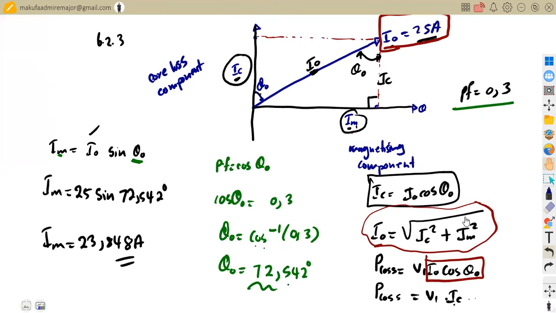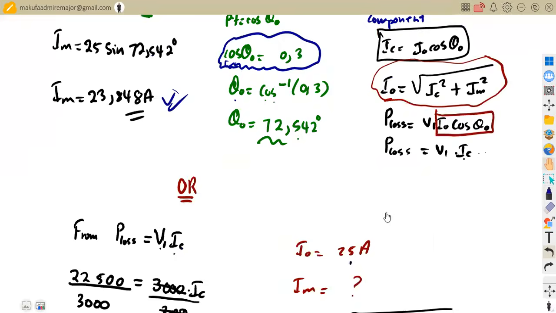This theta we take from the power factor, because we understand that cos theta is equal to 0.3. You find theta with arc cos on your calculator, that is shift cos. You find the angle, then you can simply calculate your magnetizing component. That is how we could have calculated it, as long as you have an understanding of your no load phasor diagram.